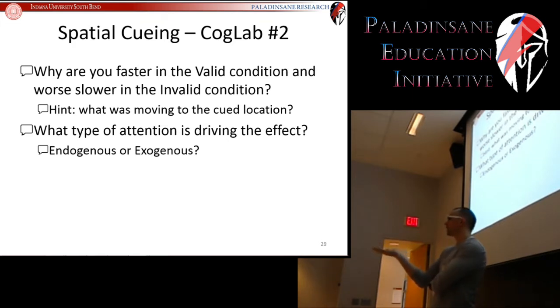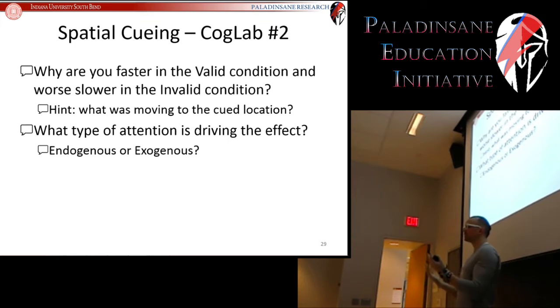Yes, so it is endogenous, you're right about that. It comes from inside, it's goal-directed, and it's because of that rule. It's because of that goal of finding the square, and the arrow is supposed to help you find the square. So what the rule is, this arrow is going to point to the square. It's not exogenous because there's nothing about an arrow that makes you look to where the arrow is pointing, other than our long history of working with arrows.